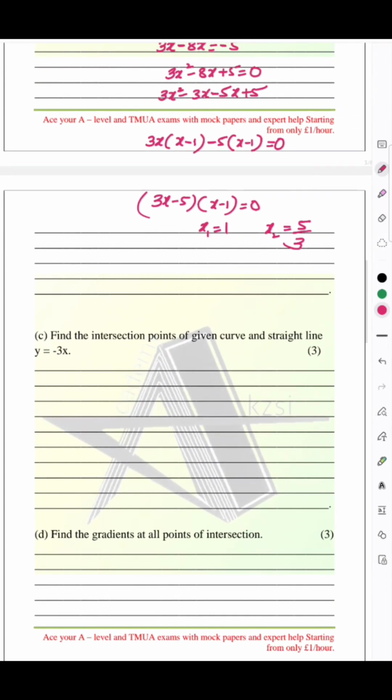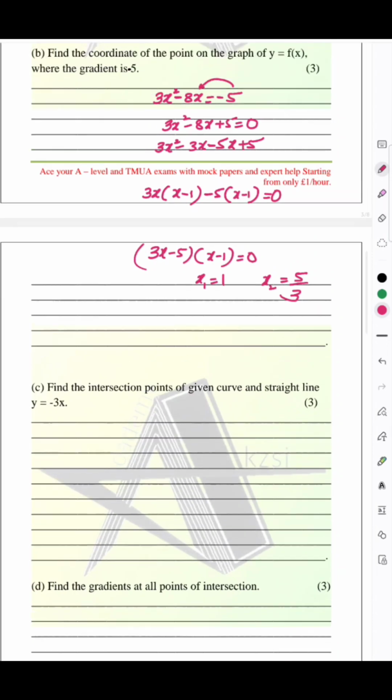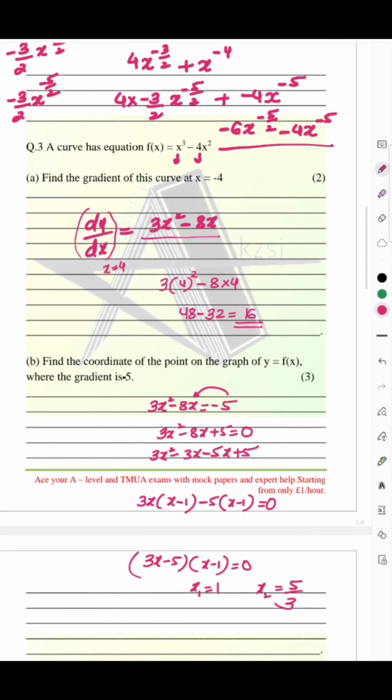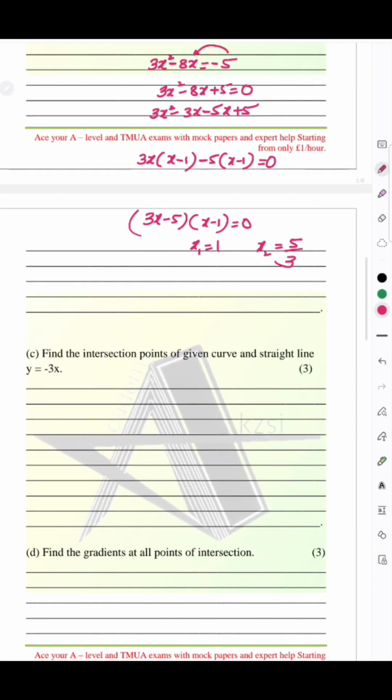Part C says find the intersecting points of the given curve and the straight line y equals negative 3x. So our curve is x cubed minus 4x squared, and this is the other one, and wherever one curve or straight line or two straight lines, two curves, they meet, they intersect, that means they are sharing the same values of x and y.